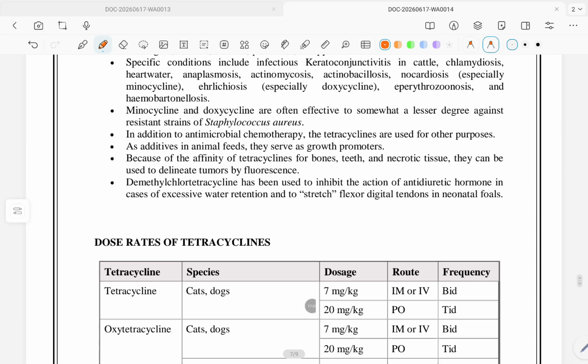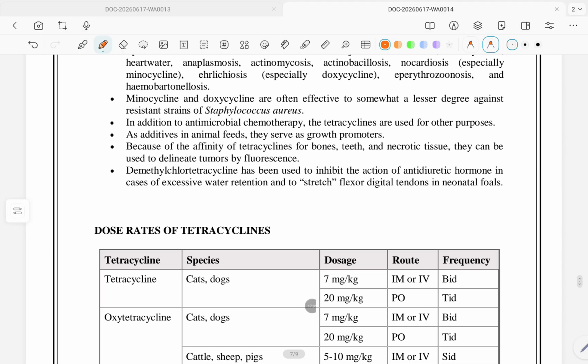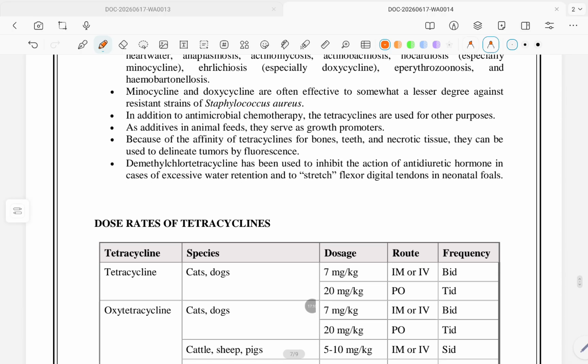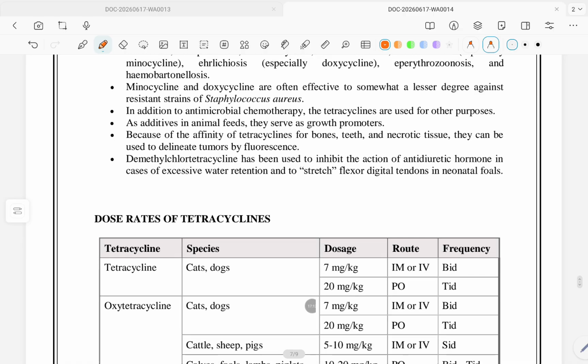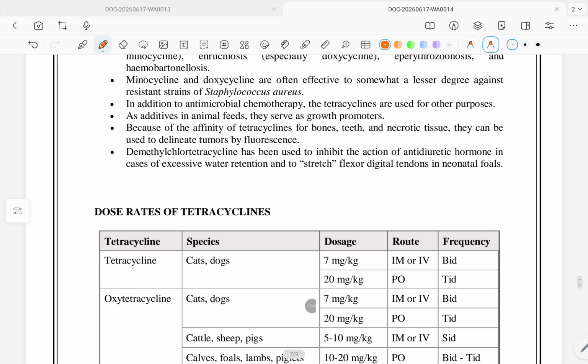Minocycline and doxycycline are often effective, to somewhat a lesser degree, against resistant strains of Staphylococcus aureus.